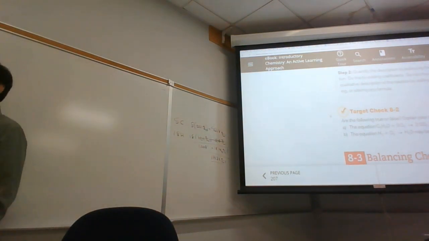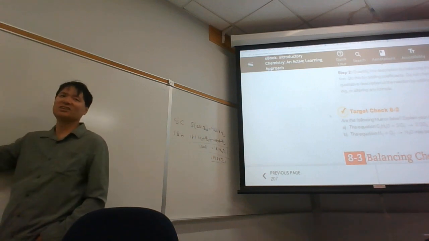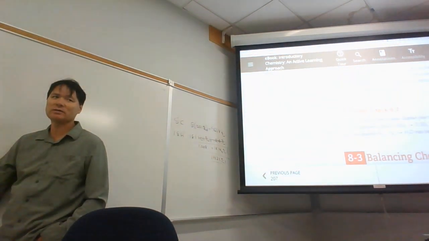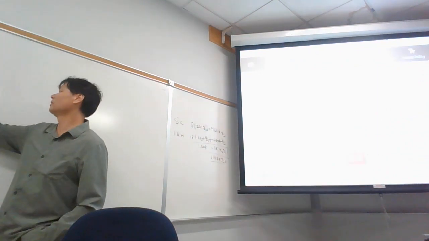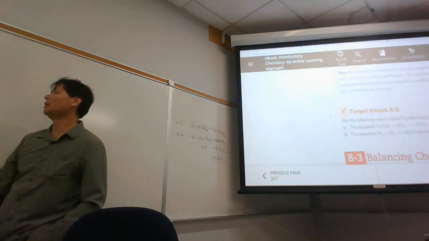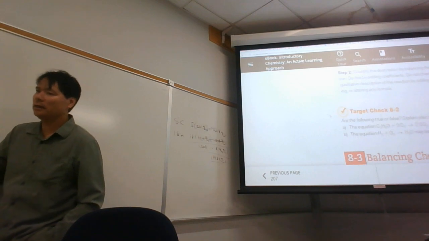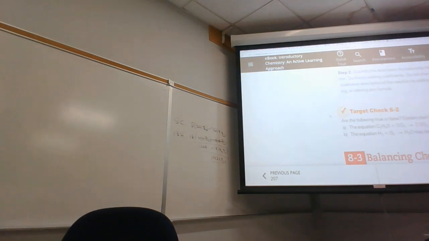How many hydrogens do I have here on the left? How many do I have on the right? So how can I balance them? 2 in front of the H2O. Then I do not want to change this, this, or that because it's going to screw everything up. The only thing I'm going to change is this.